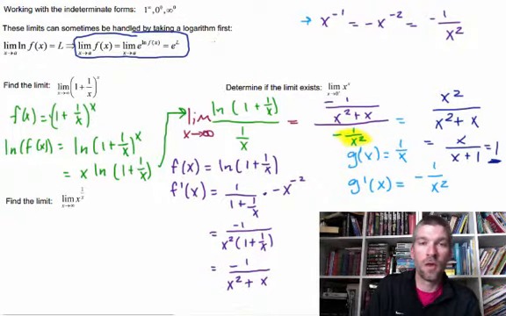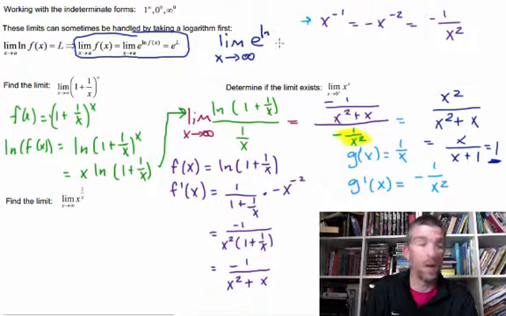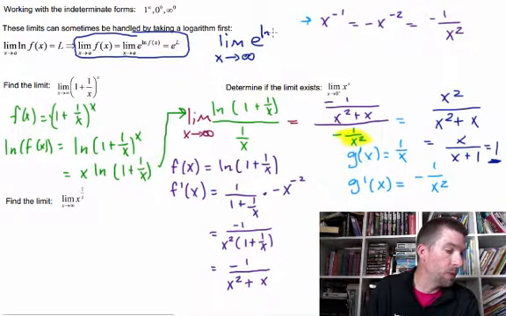Okay, so what I'm looking at is the limit then as x approaches a, which in this case is infinity, of e to the natural log of f of x. Well, that happens to be 1.